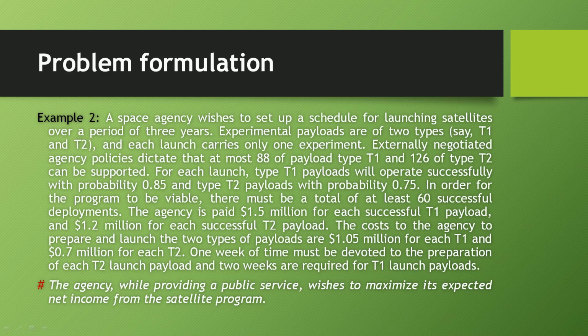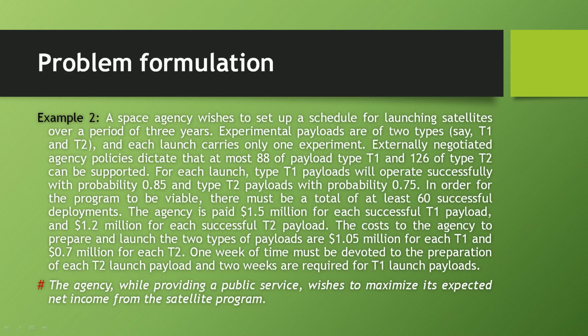In order for the program to be viable, there must be a total of at least 60 successful deployments. The agency is paid $15 million for each successful T1 payload and $1.2 million for each successful T2 payload. The cost to the agency to prepare and launch the two types of payloads are $1.05 million for each T1 and $0.7 million for each T2 payload.